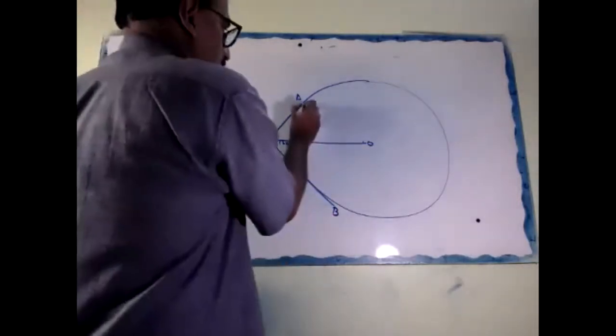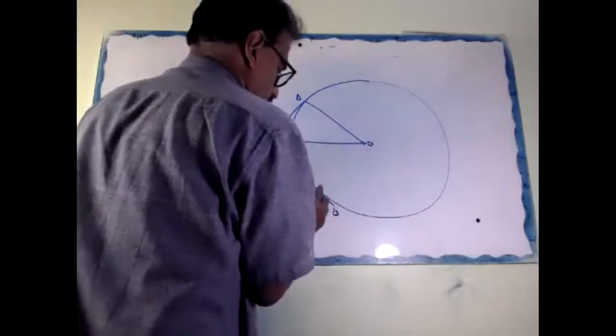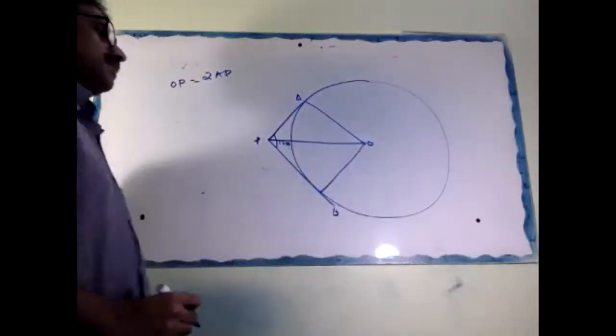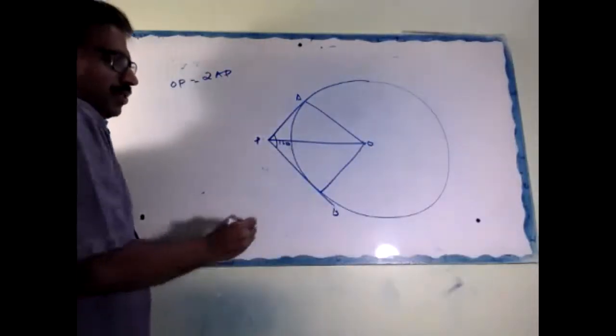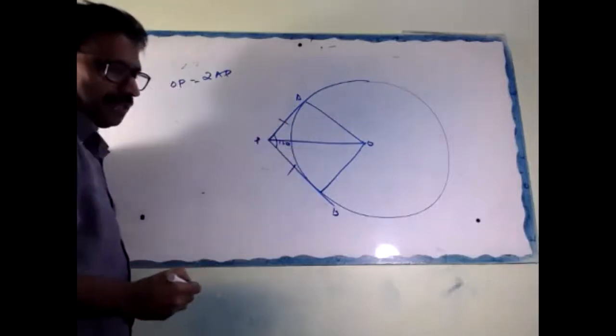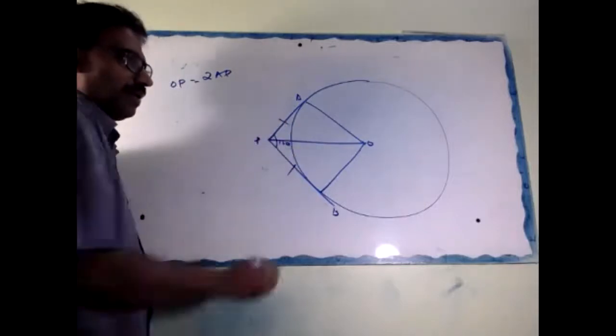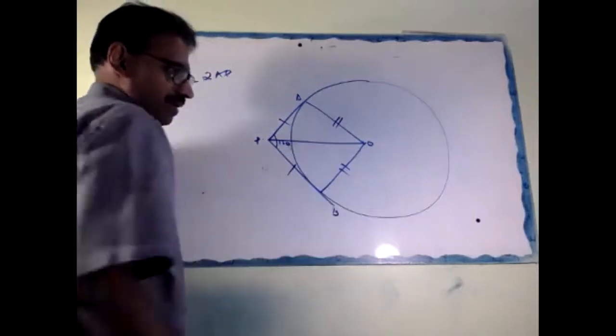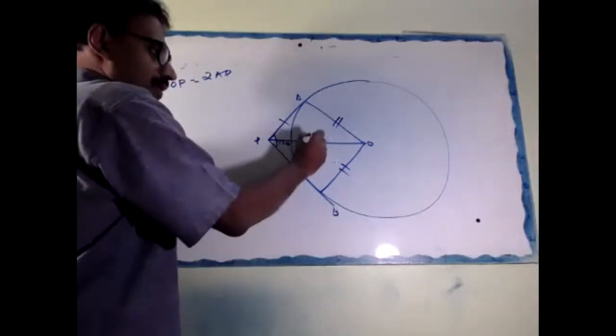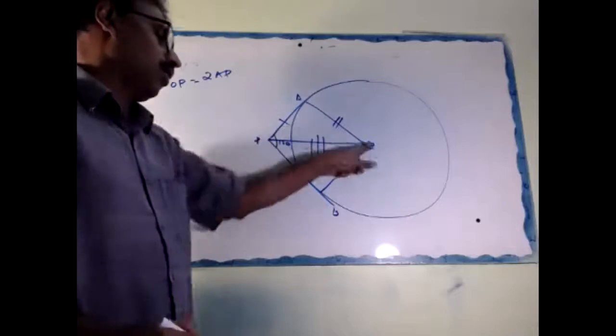Join this one. Tangents from an external point are equal, so this one equals this one. Radius common.